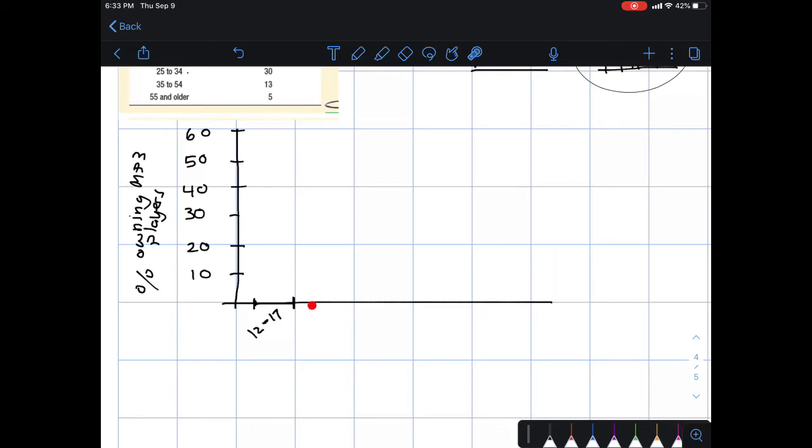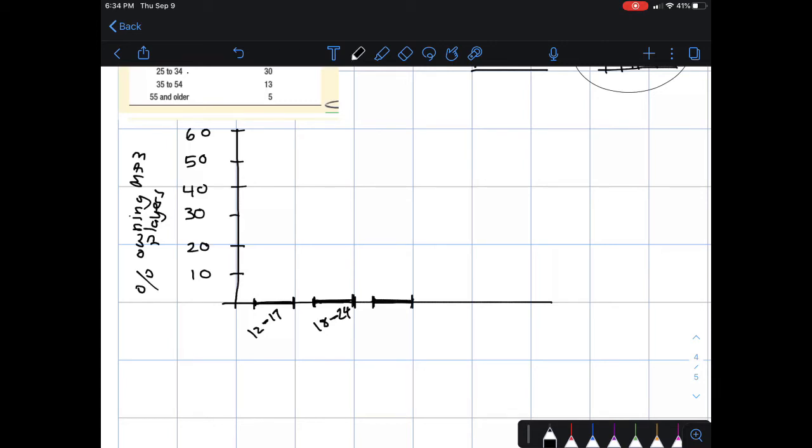I'm going to go in that far and start from there and end here, okay? So there's a theme. That gets me approximately accurate here, okay? And I'm going to call this the 18 to 24-year-olds.